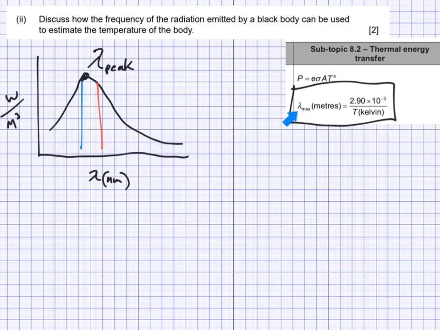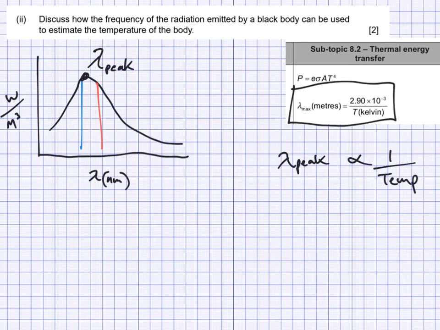So the wavelength max is this constant number divided by the temperature. This is called Wien's law. And really what it says is that the wavelength peak, or you could call it max, is basically proportional to 1 over the temperature.